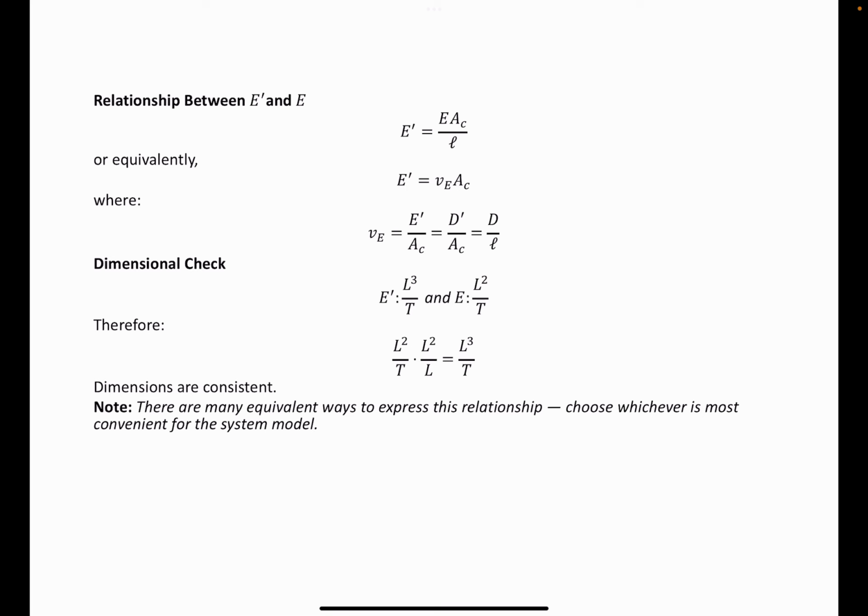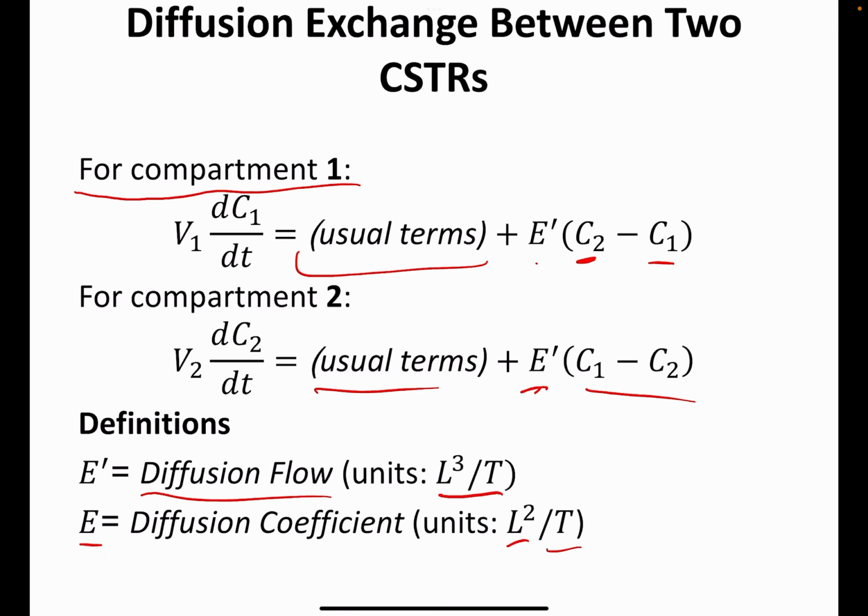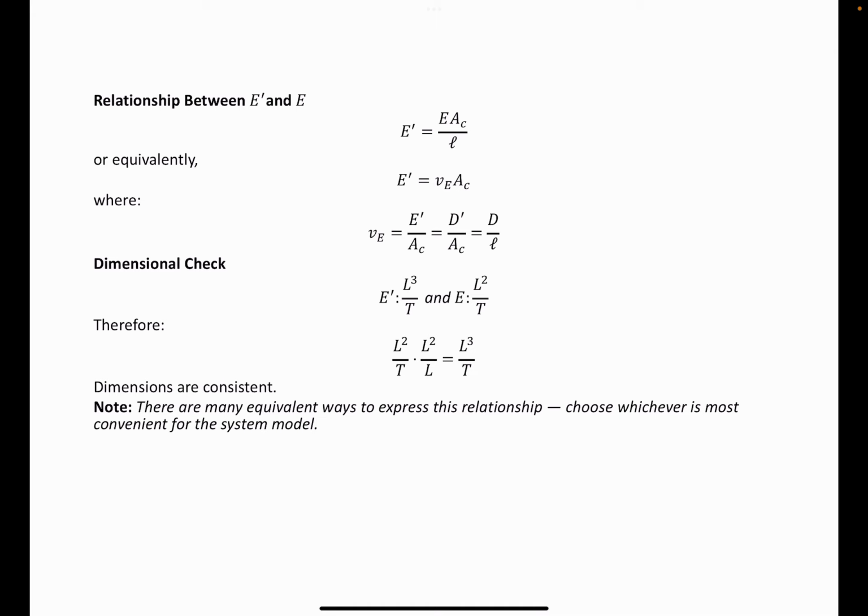So if you want to find the relationship between E prime, which is the diffusive flow, and E, which is the diffusion coefficient: E prime is equal to E times the area, and I'll show you in the next example what this area is that we're talking about, the area of mixing between the bay and the lake, or between the bay and the ocean, okay?